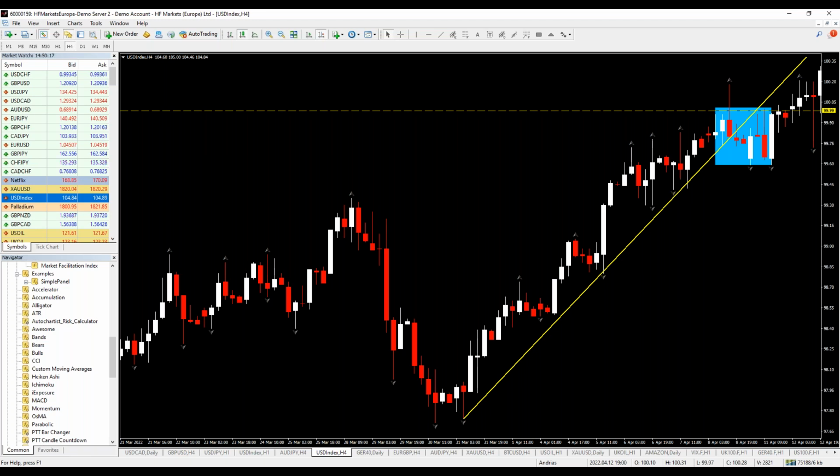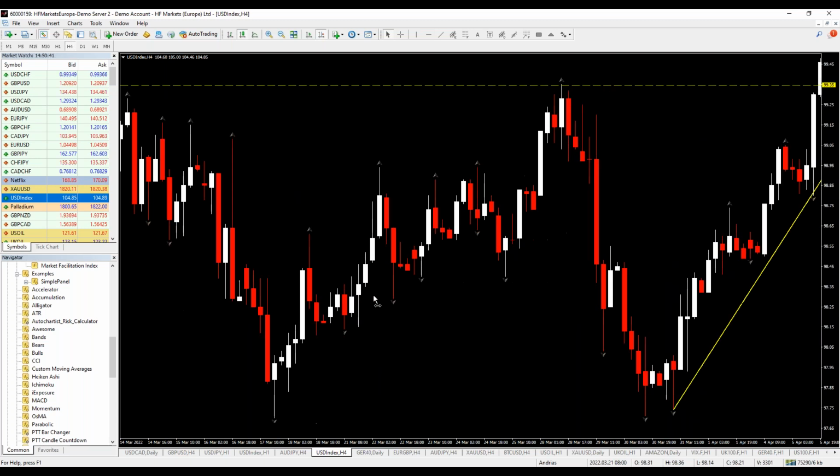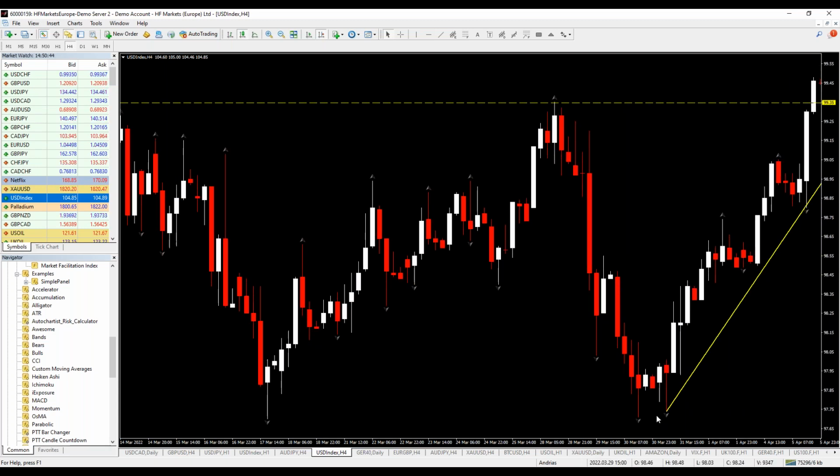Now, what we mean by trend following breakout entry. Again, let me just clear this. We have an overall uptrend, right? We connect the lows. The previous high was here. That's a clear uptrend, and the next resistance is over here.